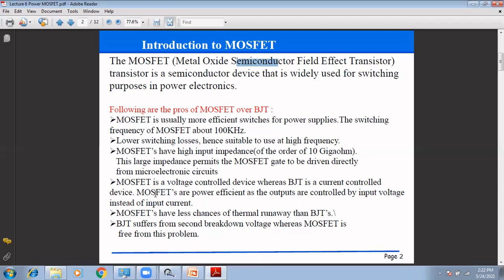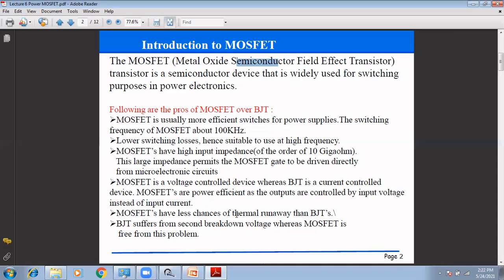Because of that, we can drive these MOS devices easily as compared to the BJT.